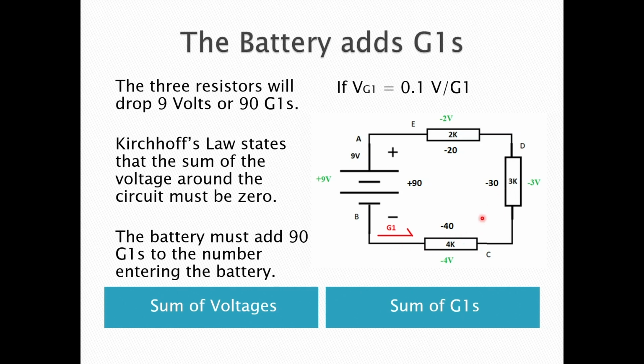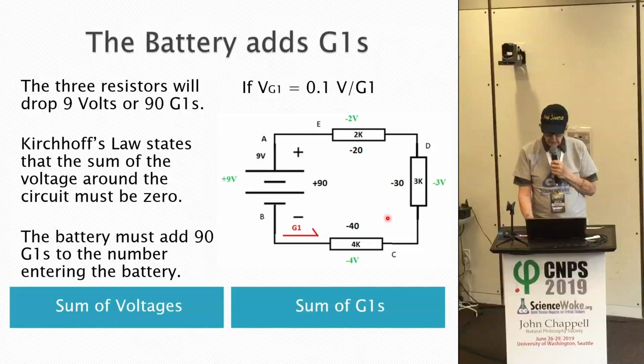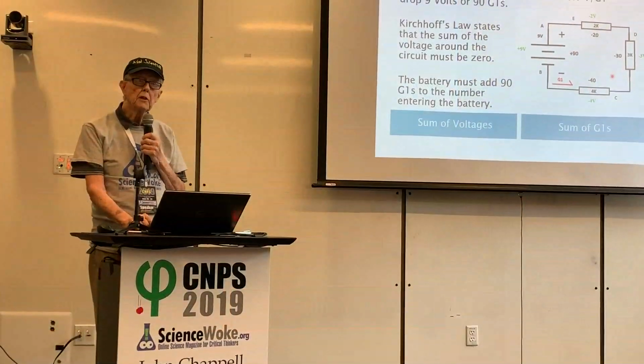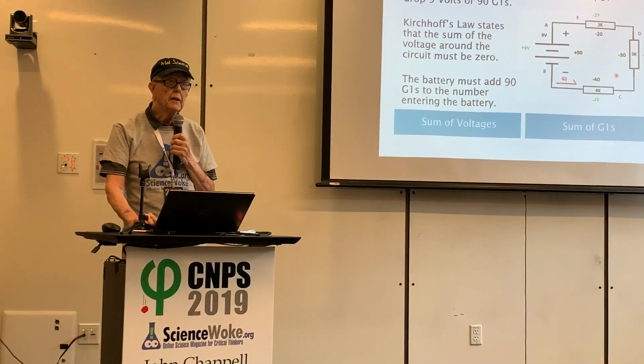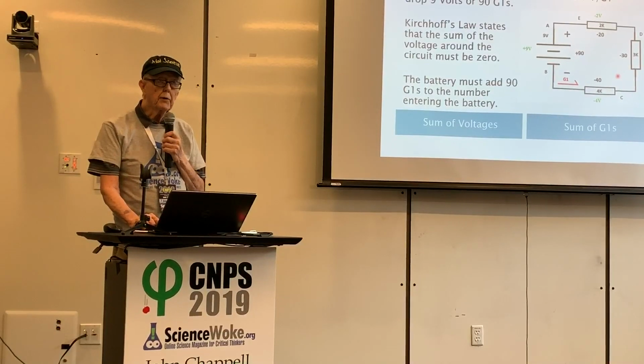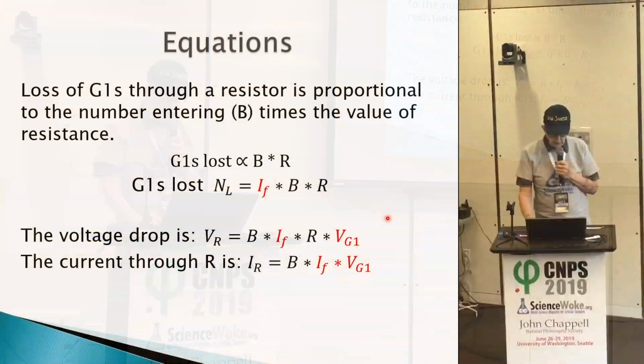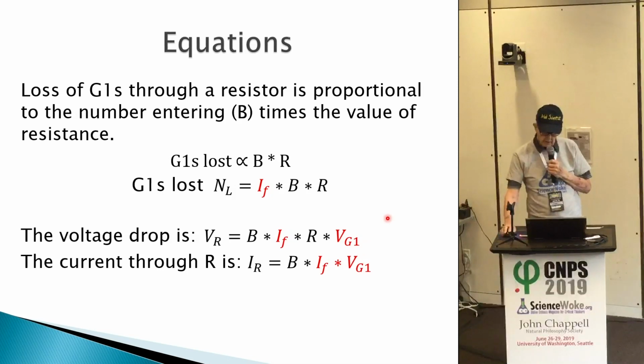That formulates the equations for the circuit in the particle model. Two surprising effects. In summary, losing G1s is a loss, gaining G1s is like having a battery or a power supply. And so these are the equations I can develop for the circuit.